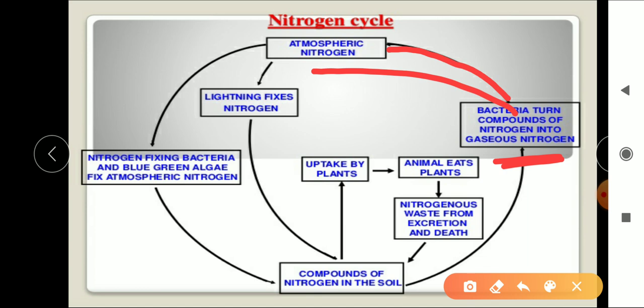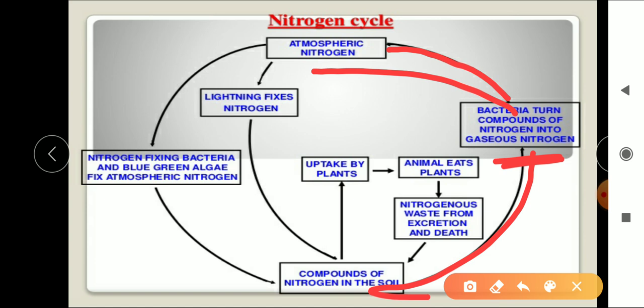Once nitrogen is converted into these usable compounds, it can be utilized by plants. Once these compounds of nitrogen are in the soil, they can be utilized by plants from the soil through their root system.